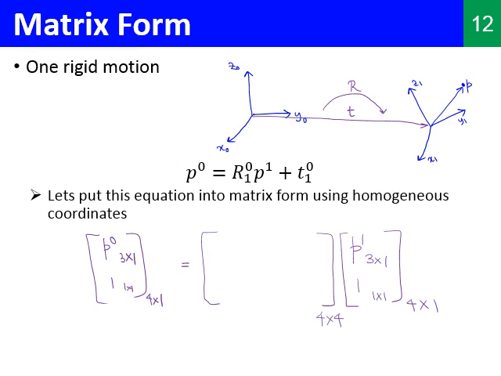Now if you look at the above equation, we need to have a rotation matrix included in this 4 by 4 matrix. So we can see if we partition this matrix like this, we can include the rotation matrix R here.